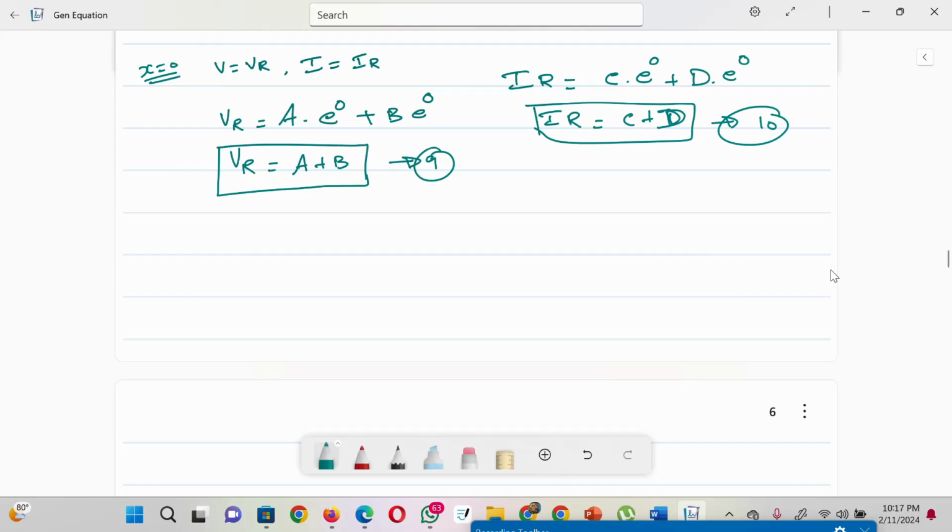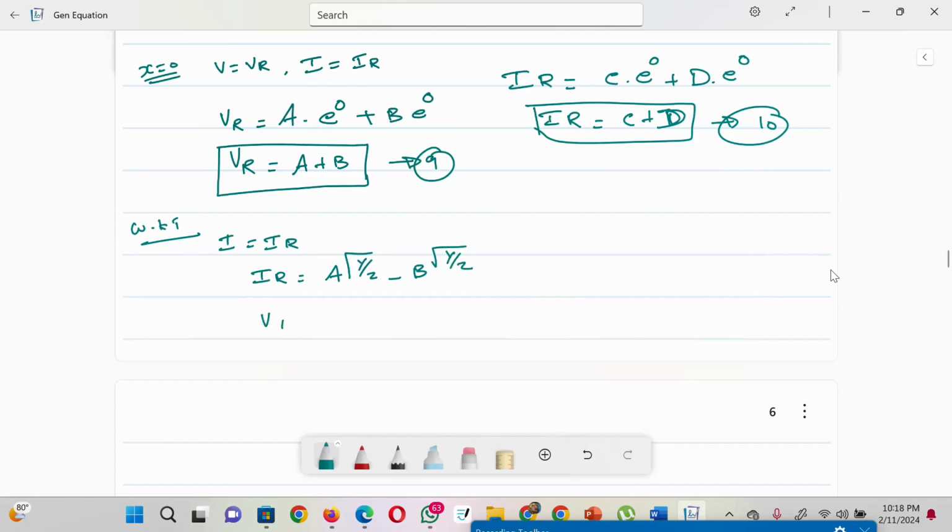Here one more equation is also possible to get. Similarly, I equal to, that means IR equal to A into root of y by z minus B into root of y by z.